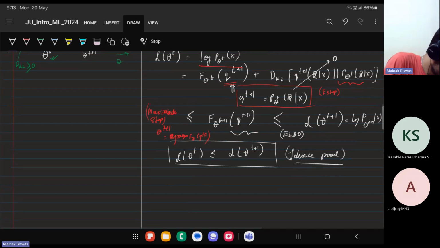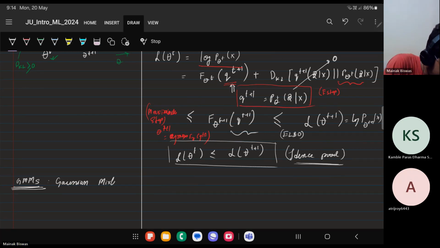Okay, so let us do it for the GMMs then, the Gaussian mixture model. Just derive it.